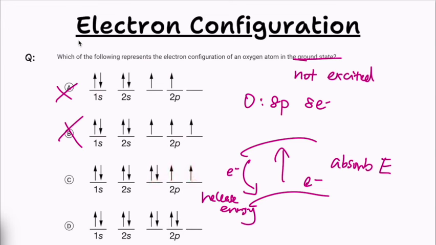On the other hand, D has up, down, up, and down. Remember that we always have to fill all the orbitals first, and then we can start pairing the electrons in the orbitals. So D is not correct. C is the right answer, because the last orbital of 2p is vacant, so you cannot form these paired electrons.